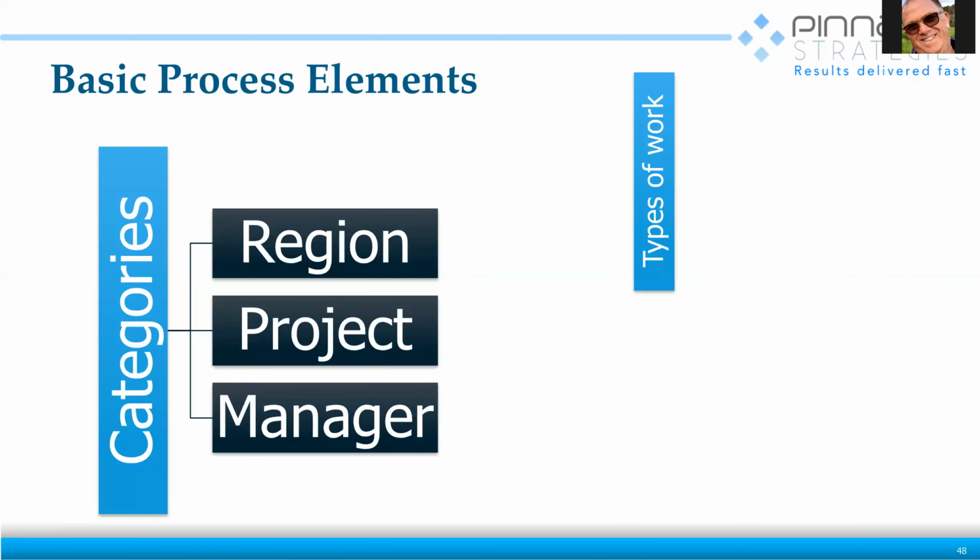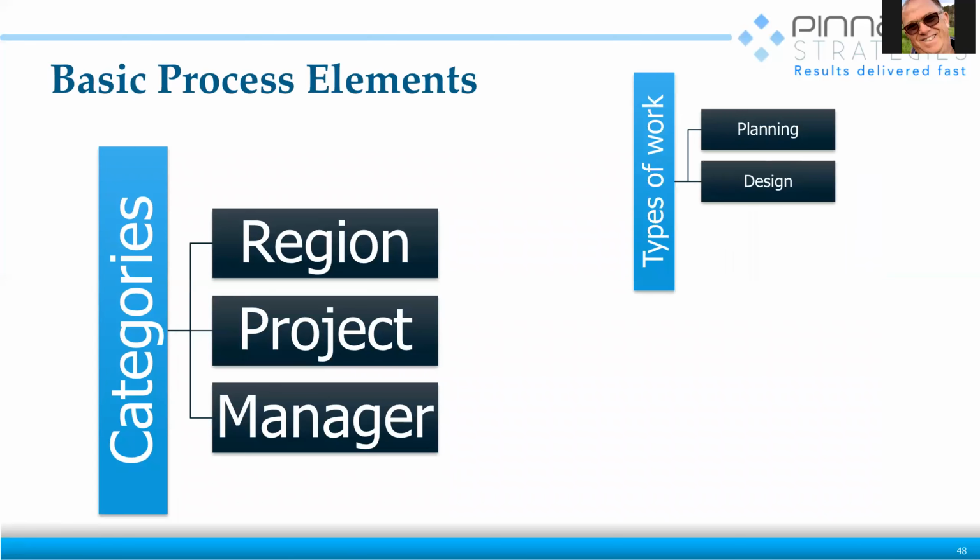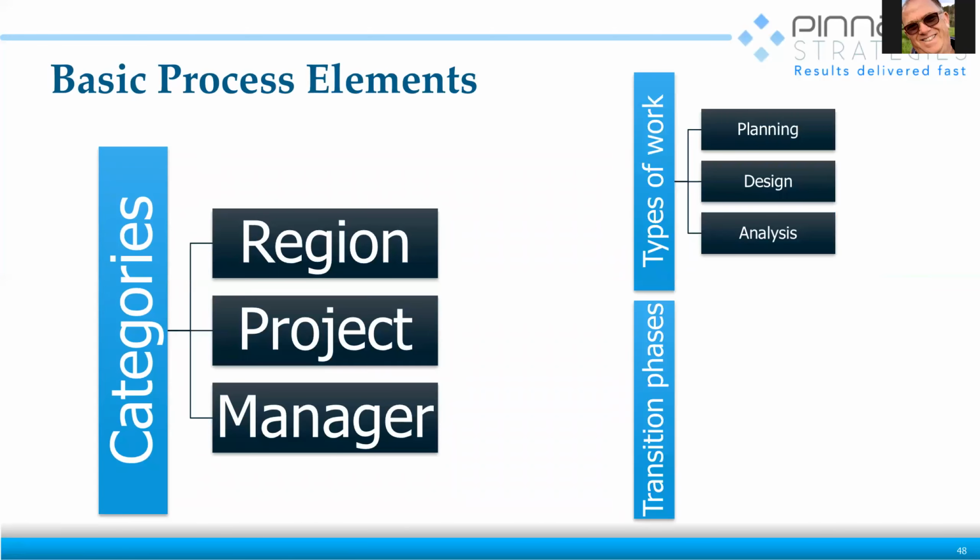And they had different kinds of work. They had planning, they had designing, and they had analysis. And there's a fourth category of work, and that was really about processing, but that fell under the analysis stage, where they put the data into an array of supercomputers to come out with something that made sense.